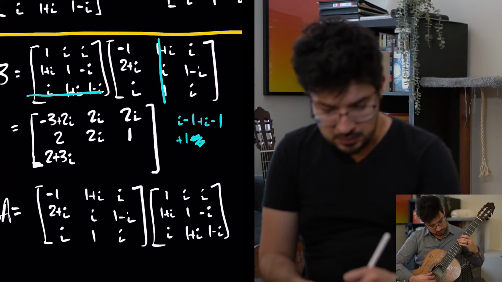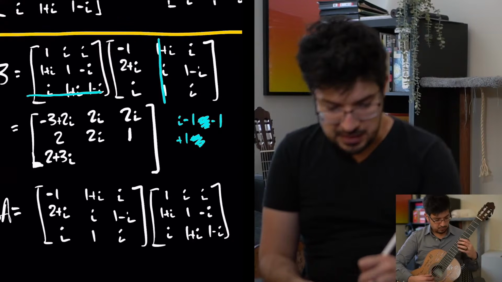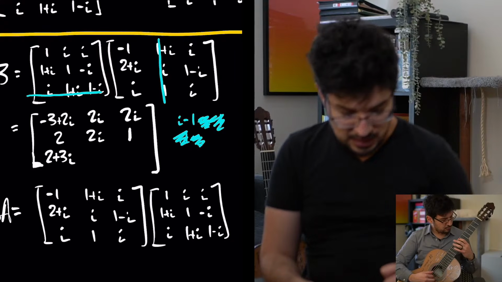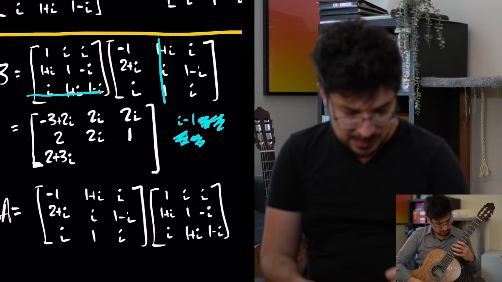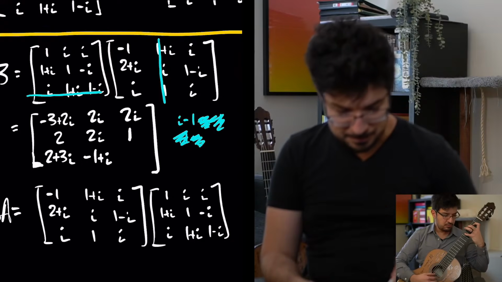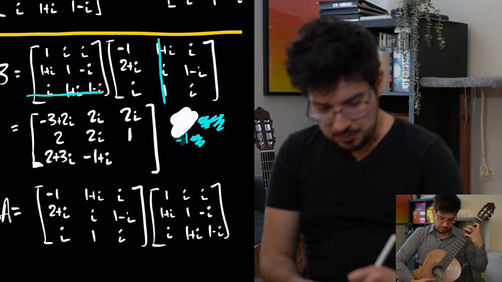So negative i, positive i, plus 1, negative 1. This is i, negative 1 plus i. Cool.